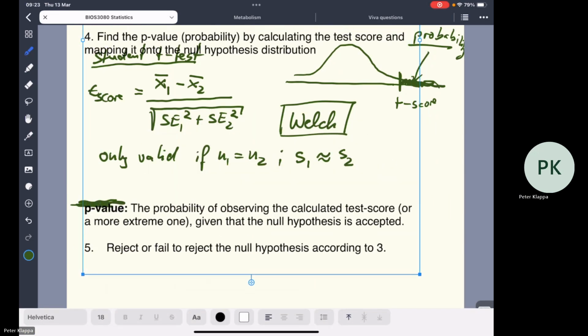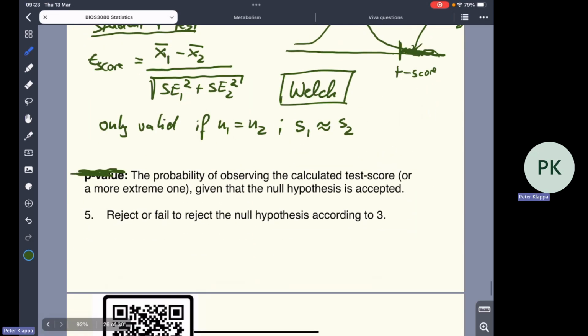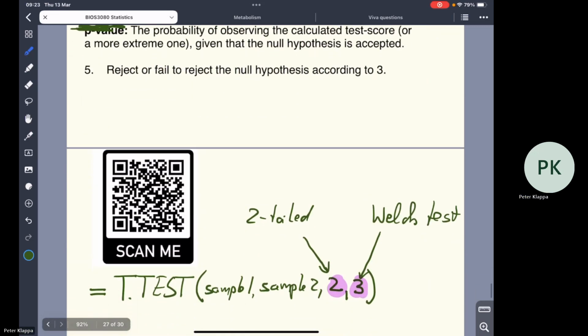Well, the good thing is there is an online calculator which you can use. I will send out a link to this online calculator, and I very strongly recommend that you not only scan this thing, but also that you bookmark it, because you will need it for assessments.